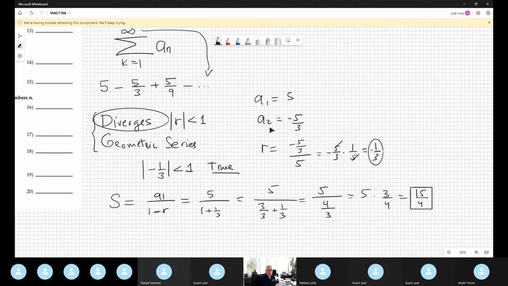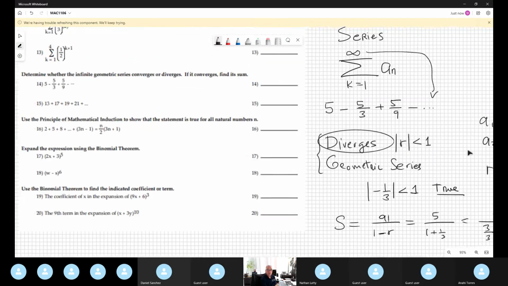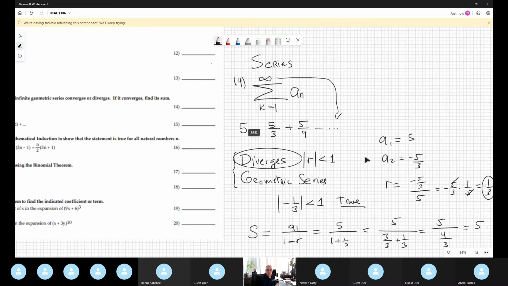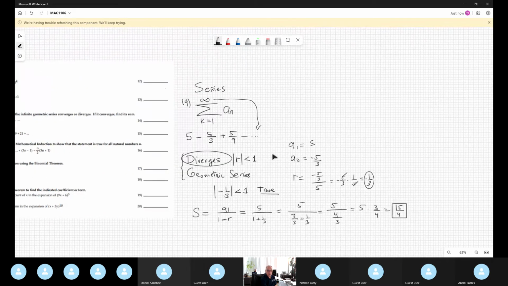Well, let me see. Yes, 14. And 15 is really a stupid question, because it's 13 plus 17 plus 19 plus 21 and so on, an infinite sequence, but it's divergent because it's not geometric.